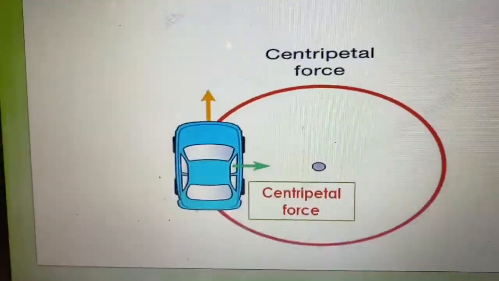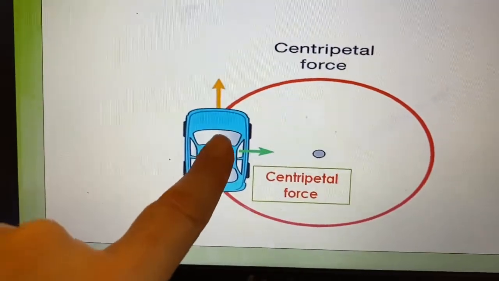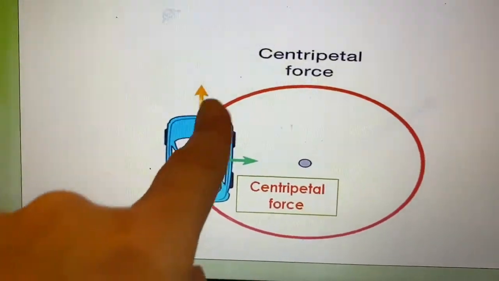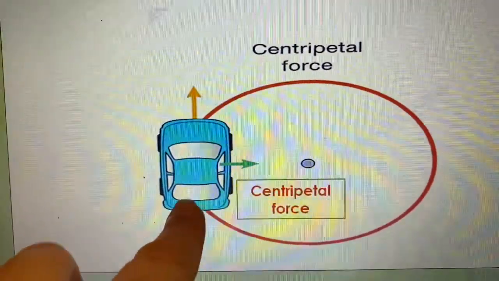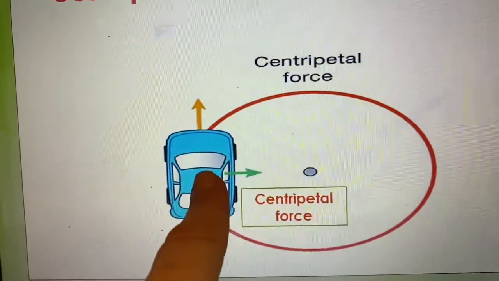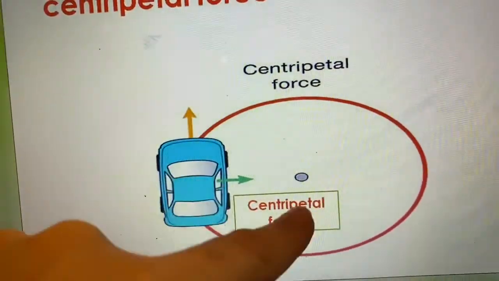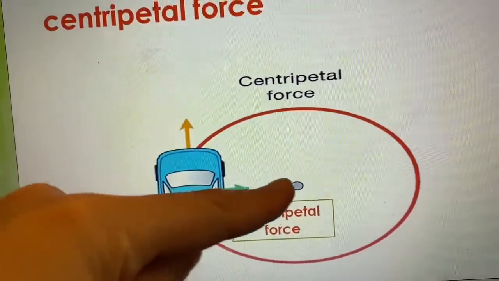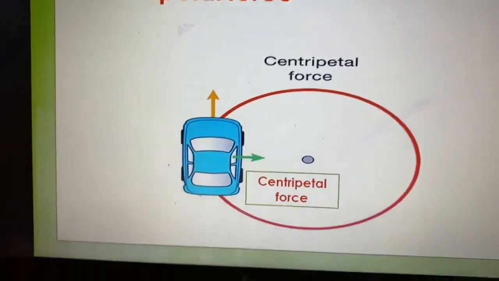So centripetal force is a friction force that lets the object, the car, the bicycle, move in a circle. So this is how you should draw it. You should draw the force of the cycle going this direction and the centripetal force, the friction force, going to the center of the circle. This is the answer for 2B.